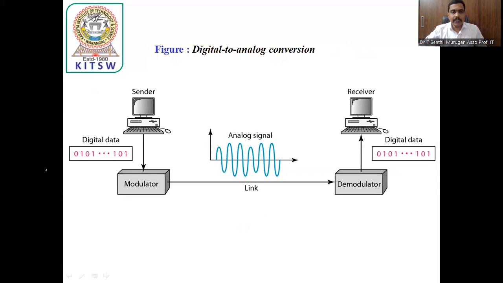This is the diagrammatic representation for digital to analog conversion. We have the digital data, then we need analog data to transmit in the link. Link means transmission medium. So we have to convert digital data into an analog signal. For that we are using a modulator. The modulator is used to convert the digital data into analog signals.